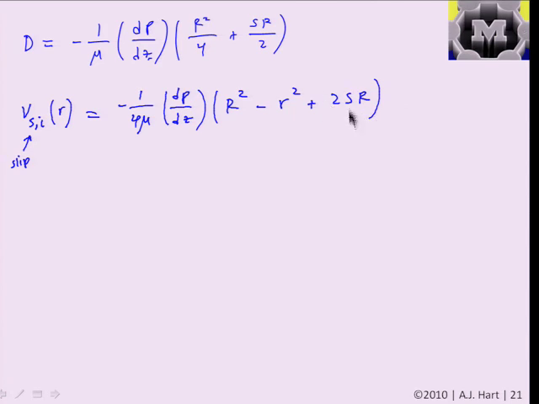So if our slip length or slip coefficient is 0, this term goes away and we have the same equation we did when we did no slip.